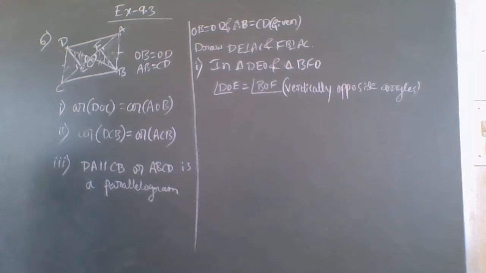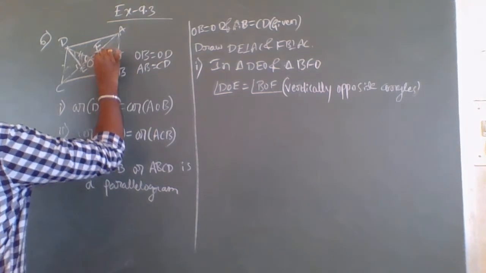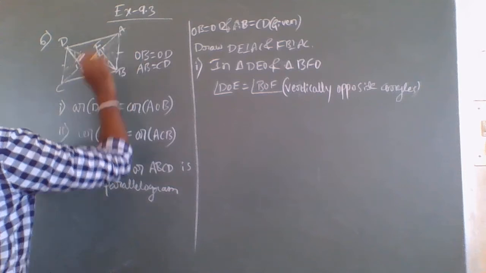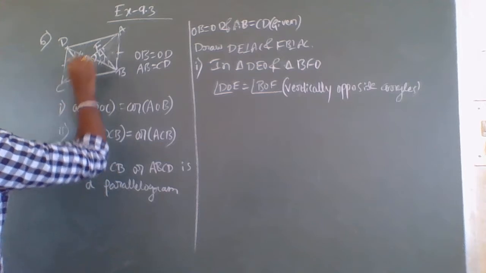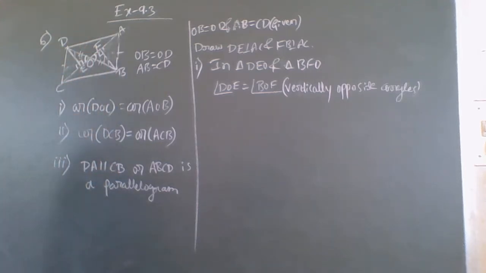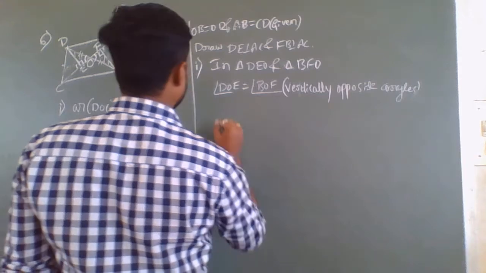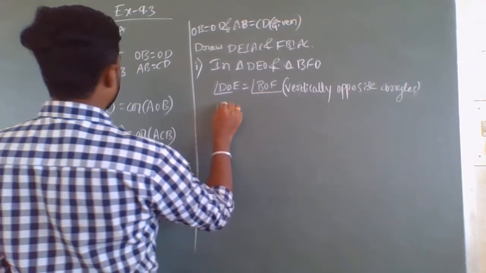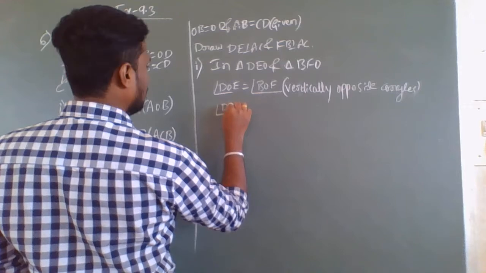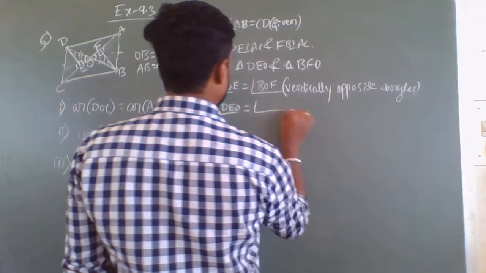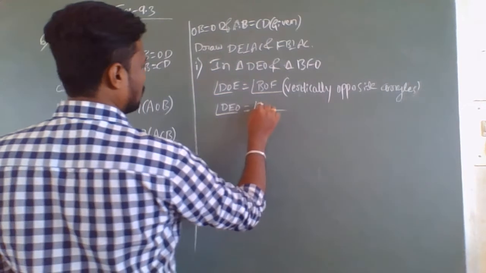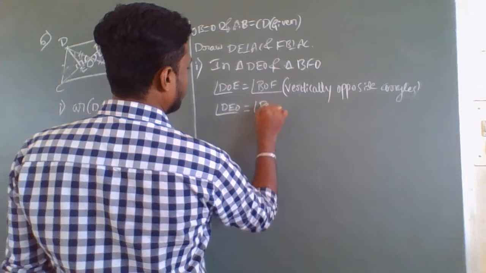So now we know that BF is perpendicular to AC, therefore angle BFO is equal to 90 degrees, and DE is perpendicular to AC, so angle DEO is equal to 90 degrees. So here we can write angle DEO equals angle BFO.